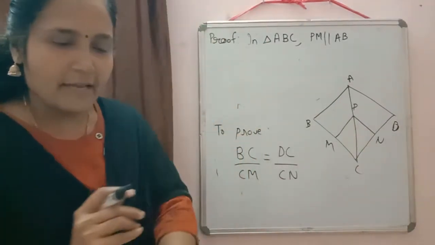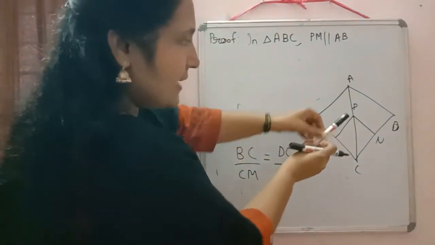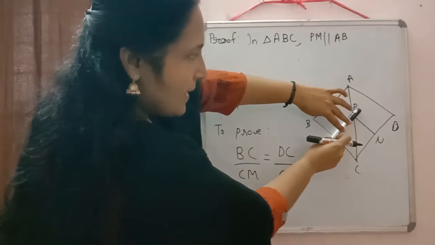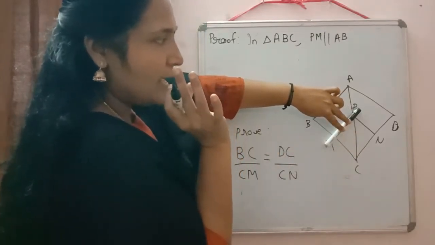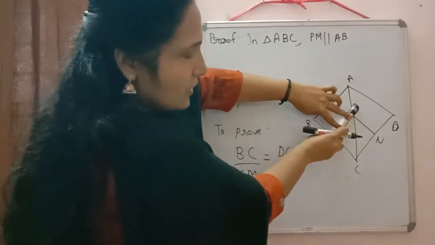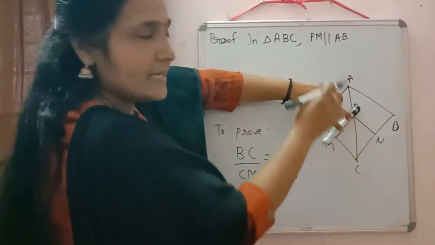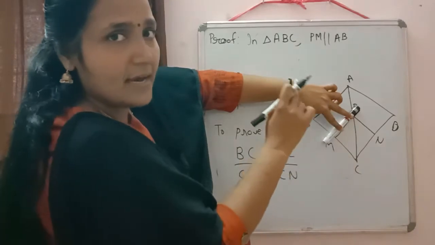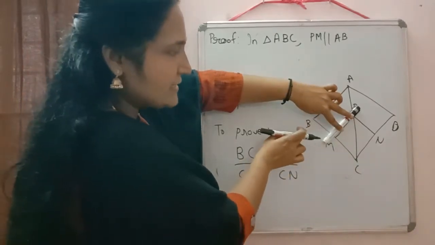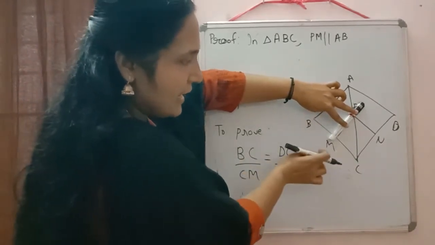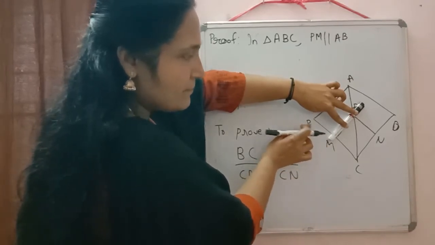So by BPT, what can we say? Here it is given that PM is parallel to AB. Now, what are the two sides remaining? BC and AC. It says it divides the other two sides in the same ratio. So if you check the ratio here, we have the point M. So what will come?